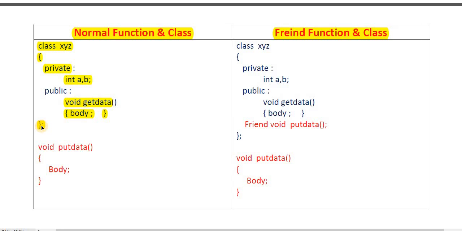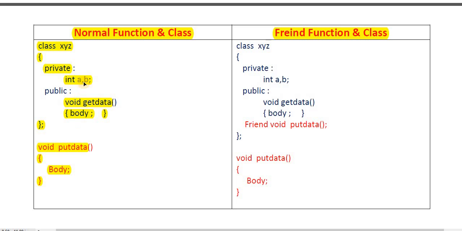After completing this class body, outside there is another function named put data. This function is outside the class body, hence it is an external function. It is not related to the class, and this is the body of the put data function. Now the put data function cannot use the members of the XYZ class.